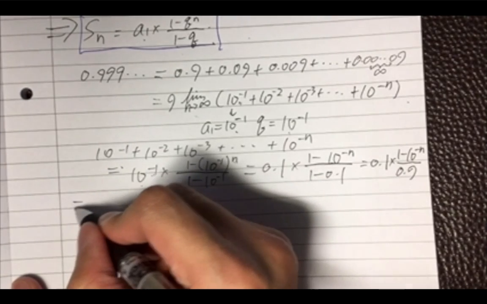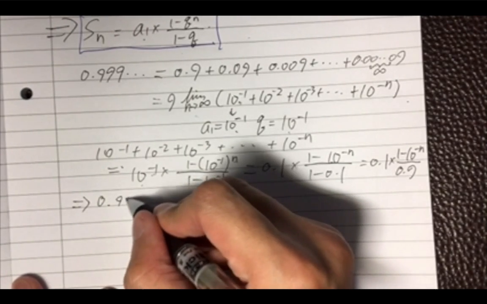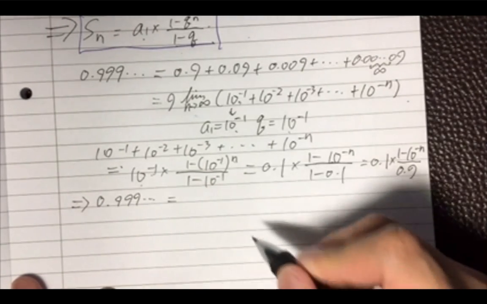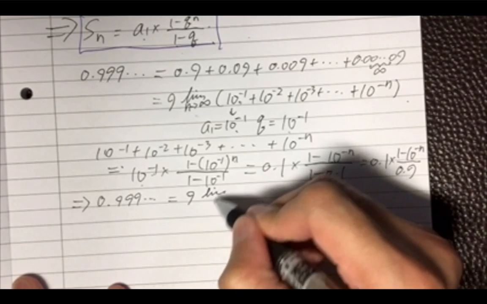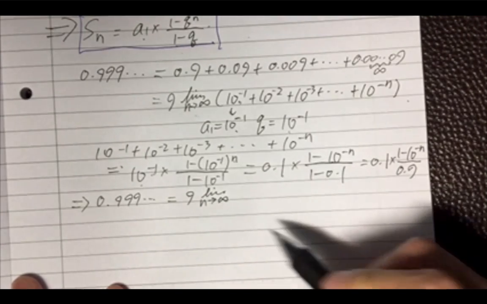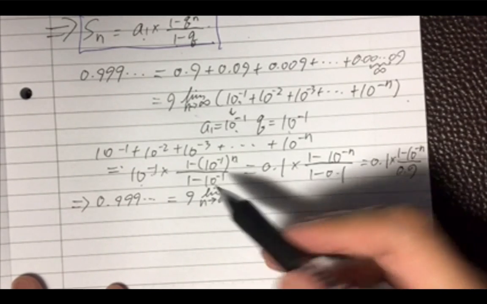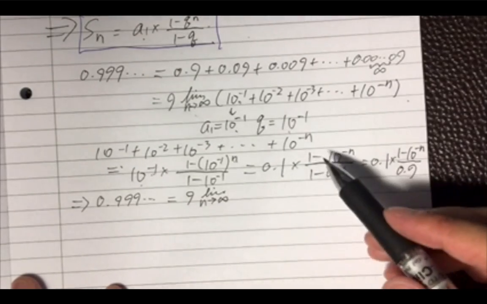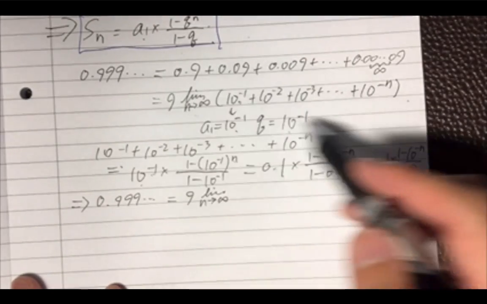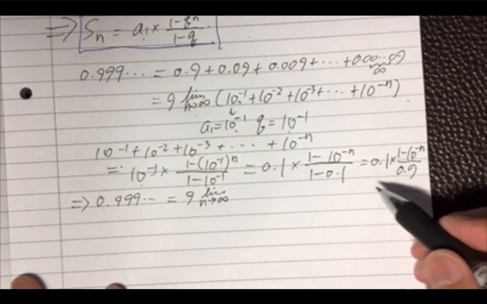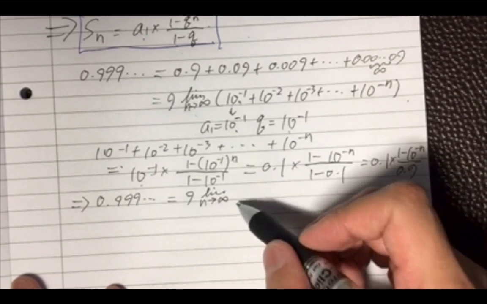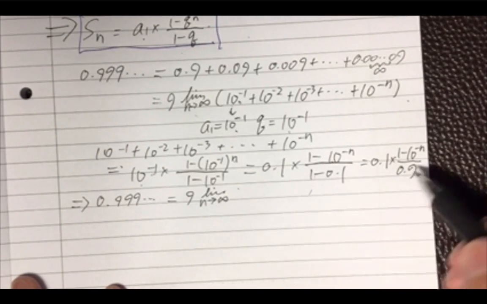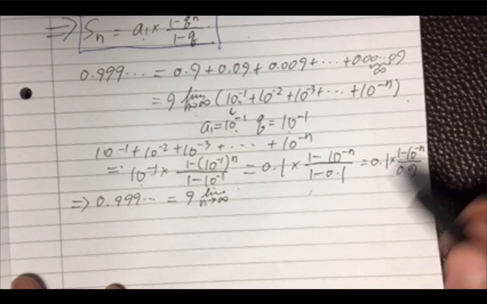And we know that 0.9 repeating is 9 times 2, and n is approaching infinity with the summation of the whole thing here. So what we need to input is the result of here.